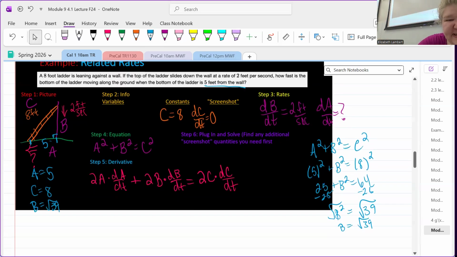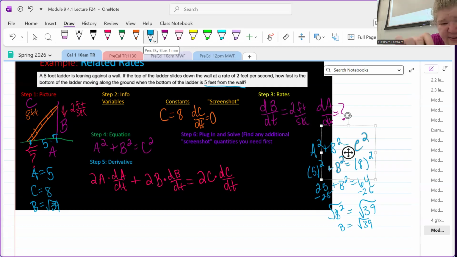So I know all of my snapshot values. I know that dB/dt is 2 feet per second. And I know that dC/dt is 0 because the ladder is a constant length. So now I'm just going to fill in all of those things that I know.